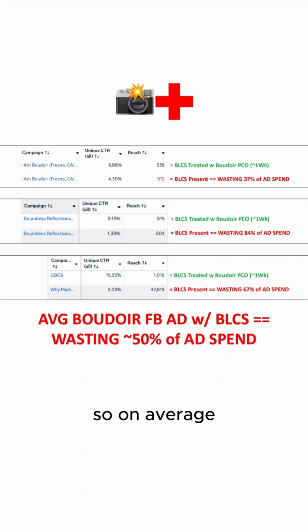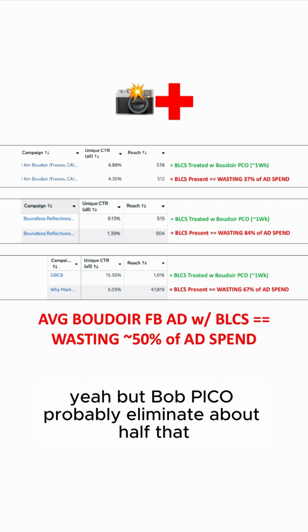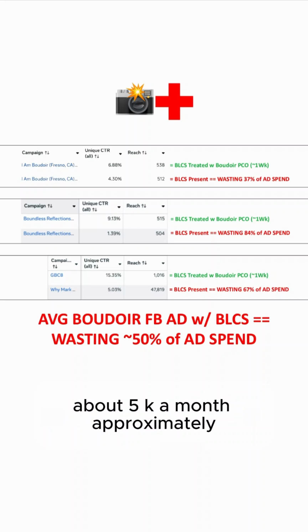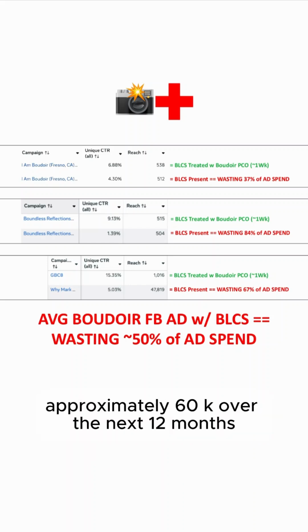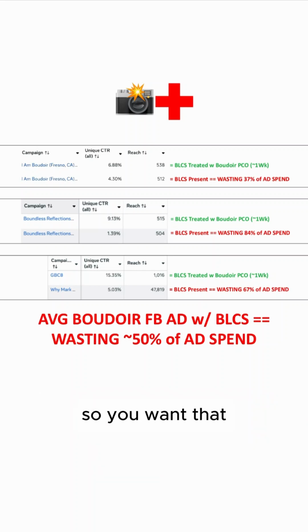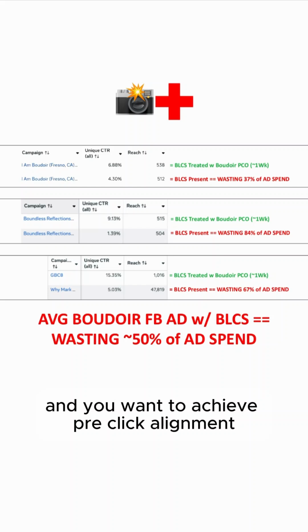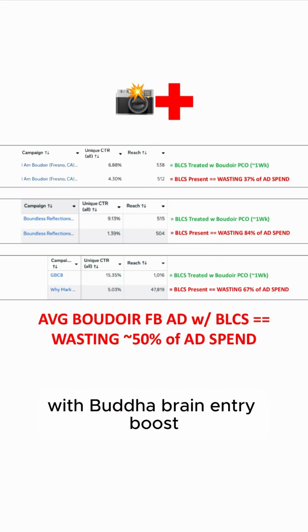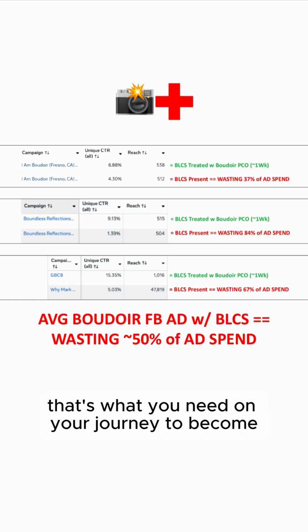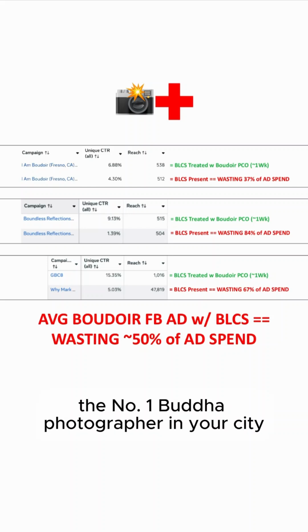So on average, Boudoir Pico would probably eliminate about half that, about 5K a month approximately in wasted Facebook ad spend. Put that back into your pocket. You don't have to spend it anymore. Approximately 60K over the next 12 months. You want that, and you want to achieve pre-click alignment, become a dominant Boudoir advertiser with Boudoir Brain Entry Boost, because that's what you need on your journey to become the number one boudoir photographer in your city.